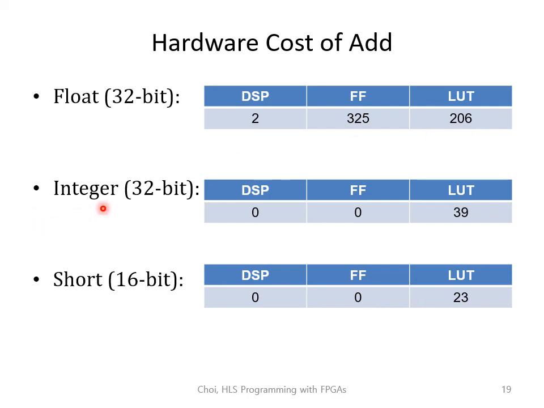And the adder for an integer type needs 39 lookup tables. And the adder for a short type needs 23 lookup tables. So it's pretty obvious that the float type adder consumes the most resource. Okay, one thing you might not be familiar with would be the DSP. I'll explain it in the next slide.